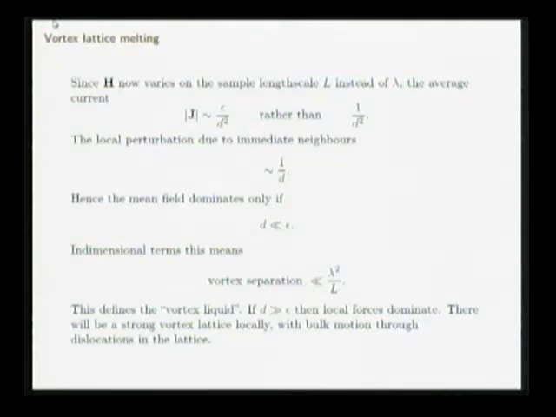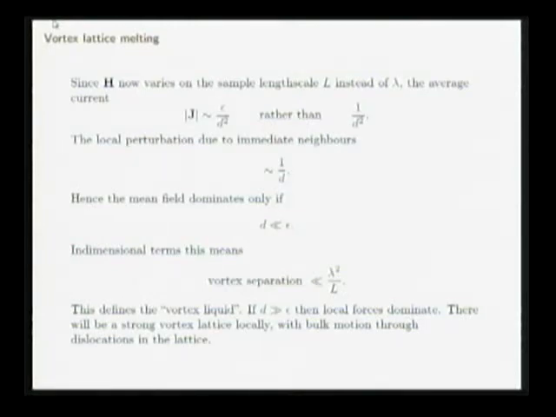Originally that derivative was with respect to a length scale which was lambda, and now it's with respect to a length scale which is the sample size L. And so the curl of h, if h varies on the sample size, ends up being scaled by a factor of epsilon. So that tells me the electric current is a factor of epsilon smaller than it was when I derived the equations.